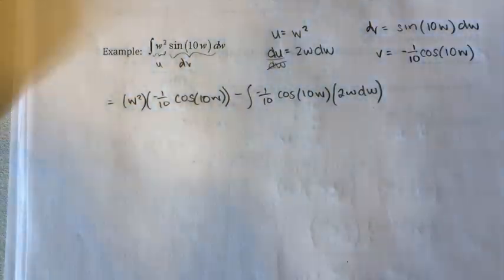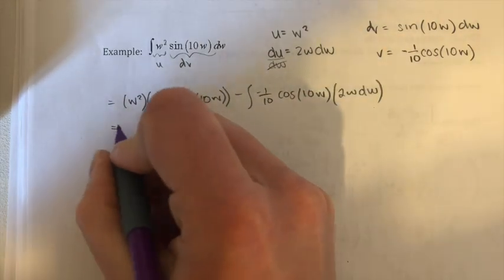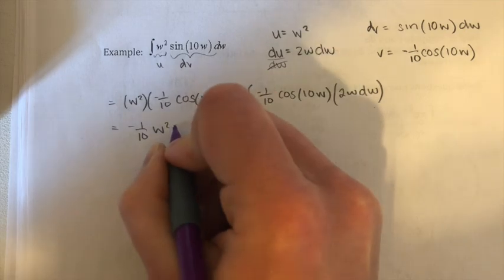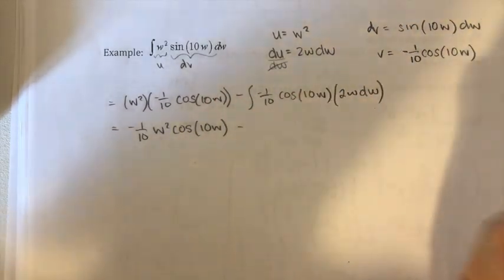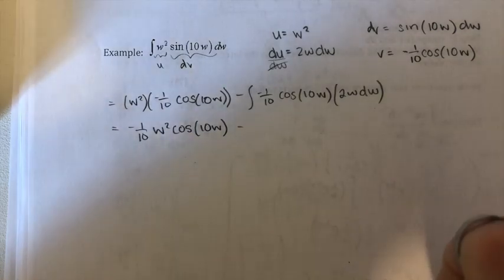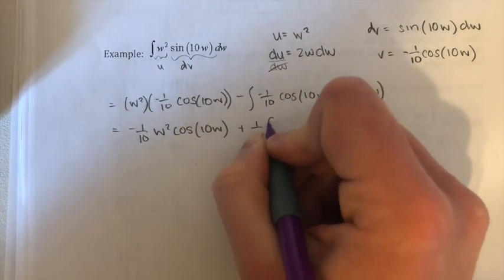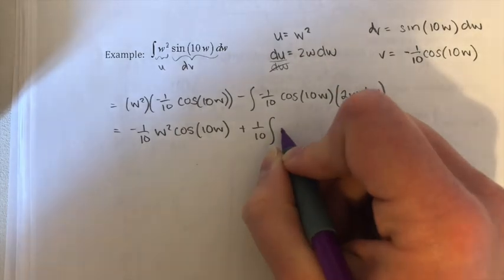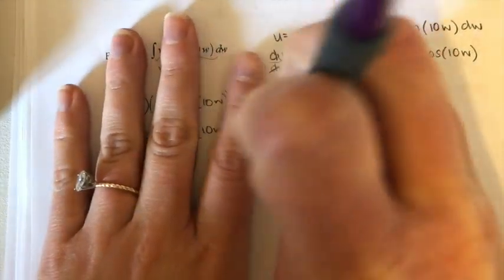Okay, so we can simplify this a bit. I'm going to move the negative 1/10 out in front, w squared cos 10w, and then minus, I'm going to pull that 1/10 out in front, so plus 1/10 of the integral of, so this is now cos, I'm going to switch the order of this.